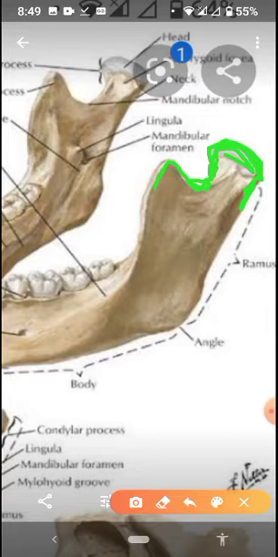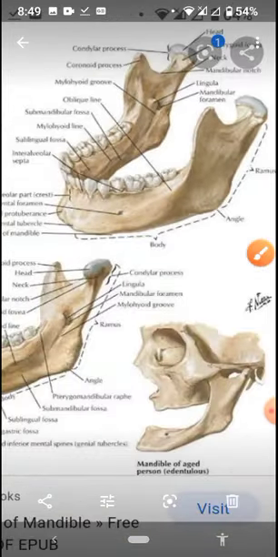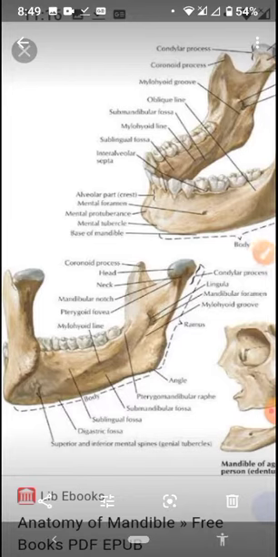Now we are discussing the details of this ramus. Let me see. Yeah, over here. Let me zoom it for you.